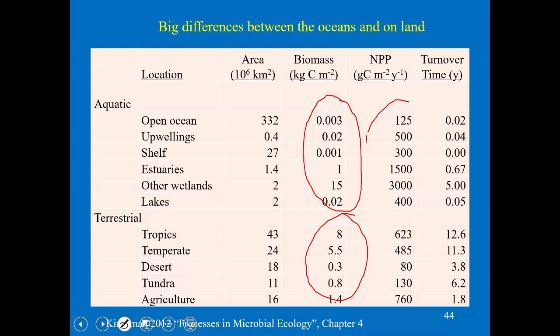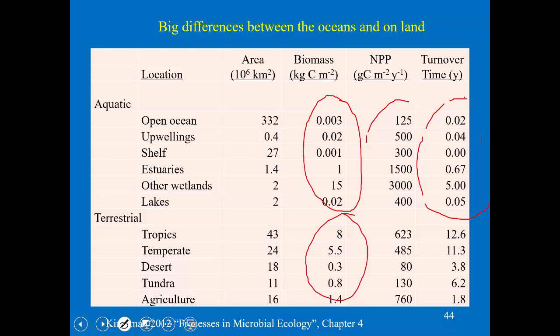And so the implication is that the turnover time, or how fast these organisms are growing per capita, is much, much faster in the oceans and, more generally, in all aquatic environments as compared to what's happening on land.